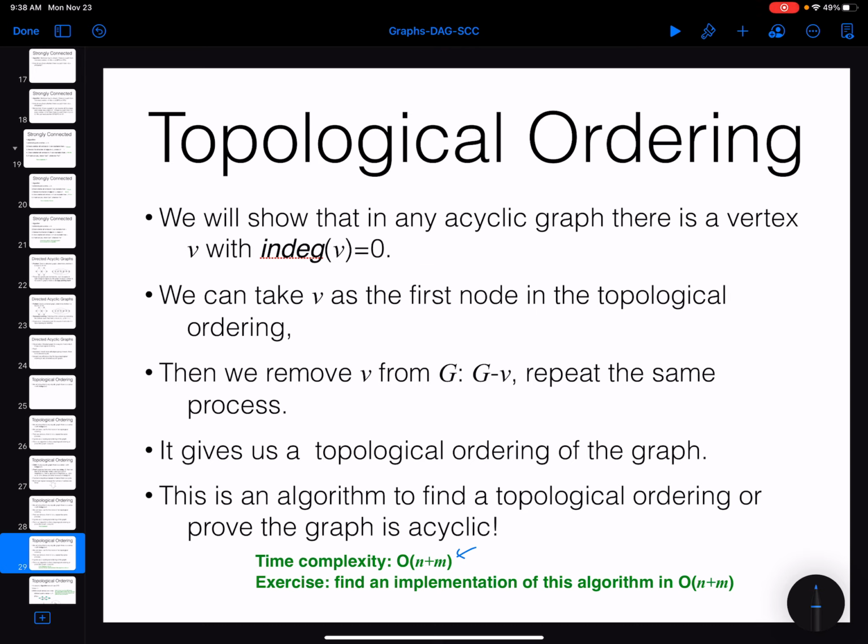Here, the hint for you is to count the in degree for all the nodes once, and store them in an array so that for every node you know what the in degree is. What is going to be the time complexity of counting the in degree for all the nodes?